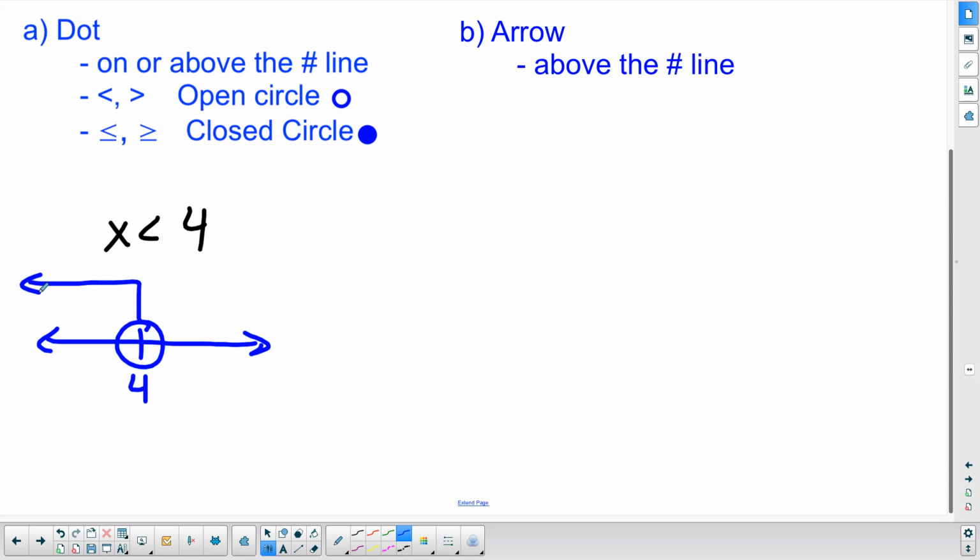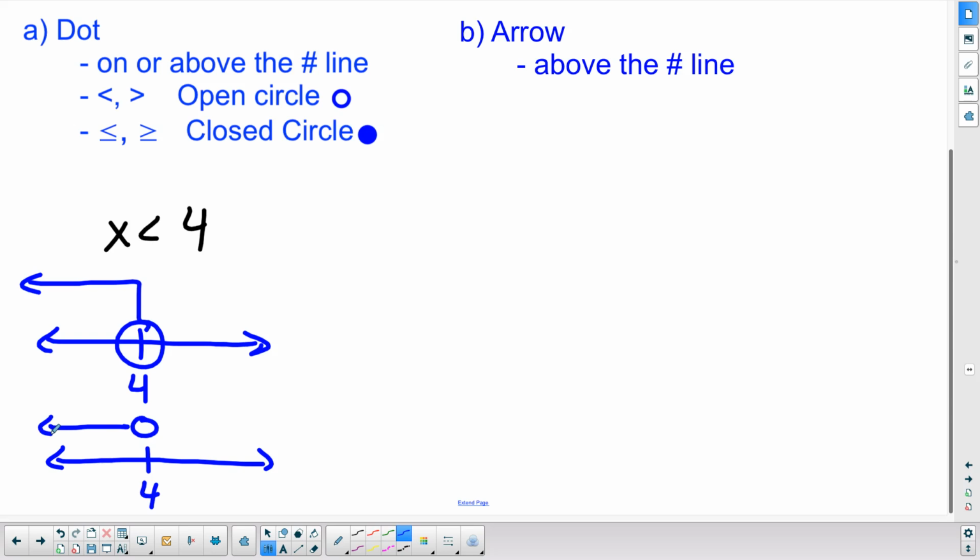So that's one way of doing it. Another way of doing it would look like that. Those mean the same thing. Either you put your dot on the line or you put your dot above the line, but either way your arrow goes above the line.